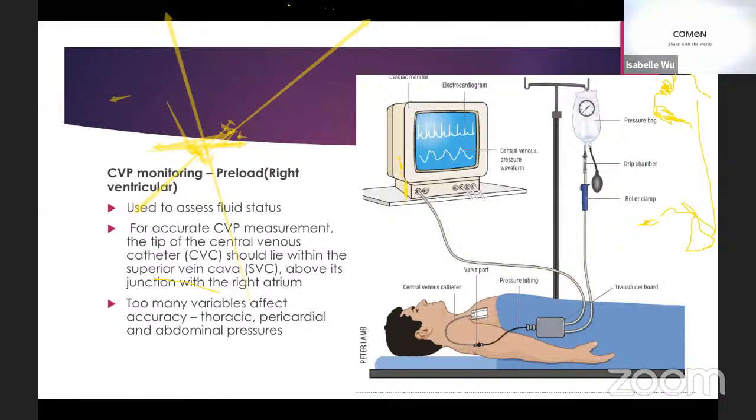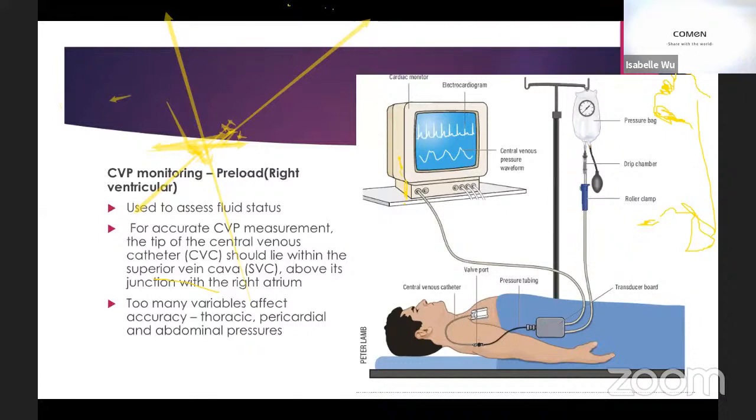And for your ventilated patients, the value can't be taken at face value because many things affect it. Thoracic pressure, pericardial pressure, and abdominal pressure affect your central venous pressure monitoring. So if you have a patient with ascites or raised intra-abdominal pressure for whatever reason, portal hypertension, you can't take the CVP for what it is. It's not reliable, unfortunately.